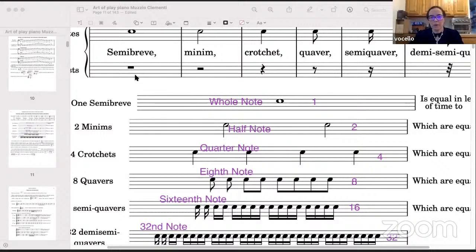So I need to have 3 chord notes or any combination that we wish. Let's start with the rest, the silence.